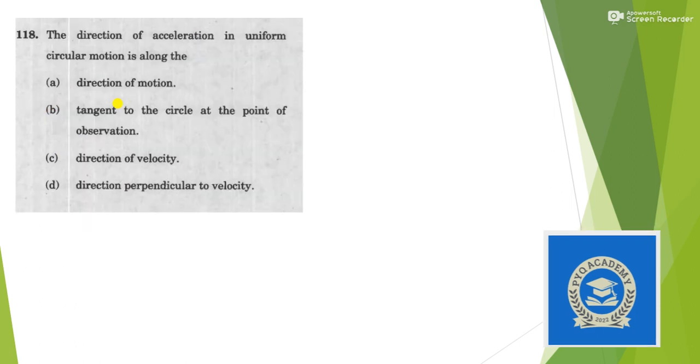The direction of acceleration in uniform circular motion is along... It is asking about uniform circular motion. Let's draw a circle. Suppose a person is running on this circular track; at a particular time his direction will be like this, tangential.